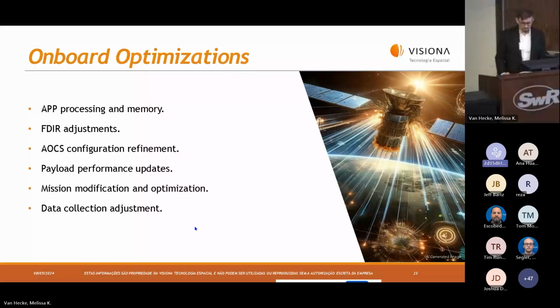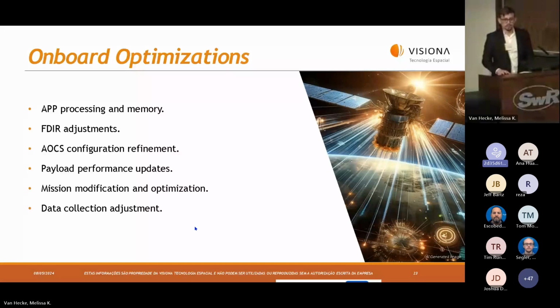This includes optimization for CPU, memory, FDIR adjustment according to the needs of the mission, AOCS refinement, especially tuning parameters, payload performance updates, SDR, camera, and also data collection platforms for the environmental data we have in Brazil.